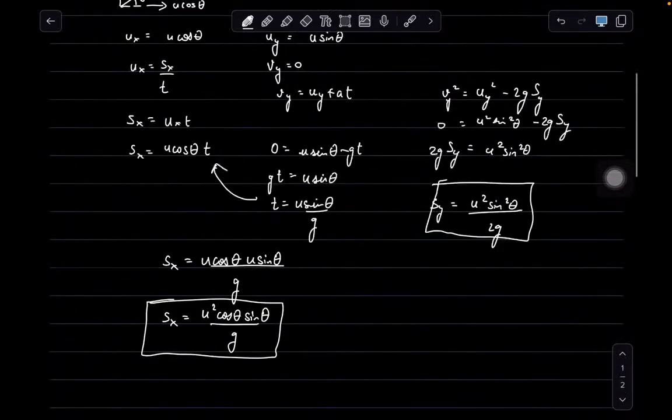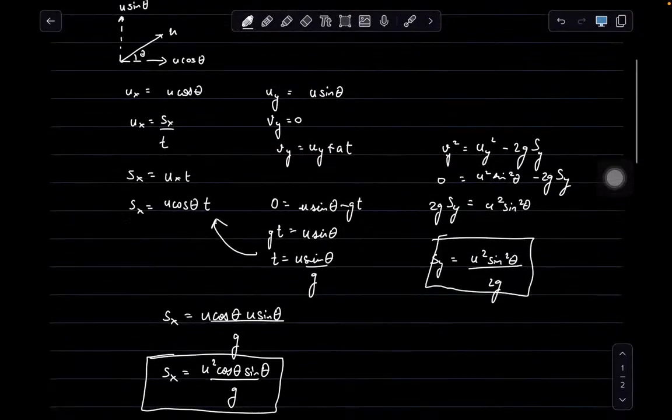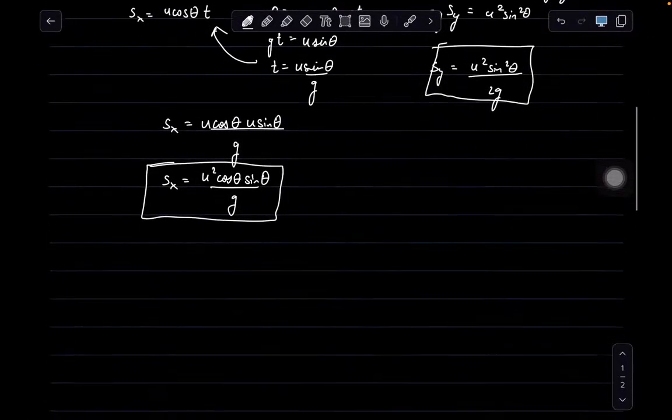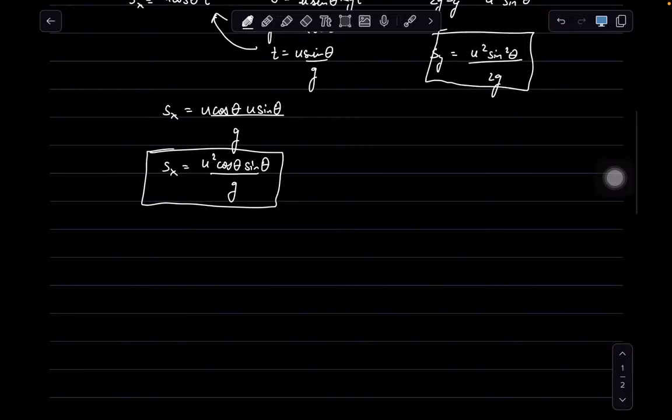Now it is up to you, but you can figure out equations for maximizing Sx and Sy. It's actually a very simple thing to do. All you really need to do is differentiate the two equations. So for example, if I find dSy by d theta, over here I want to optimize for theta and not for u, because it makes sense that if I just increase velocity, it should just increase Sy.